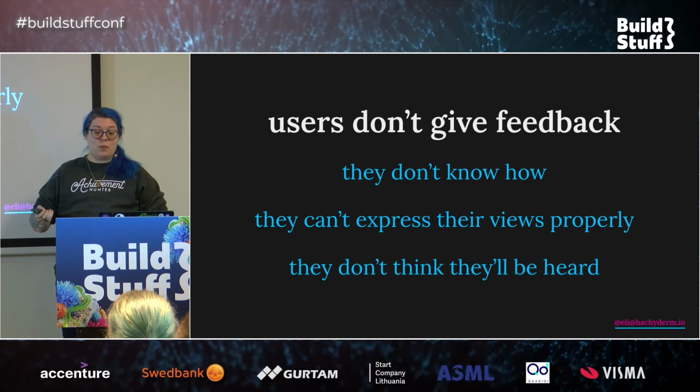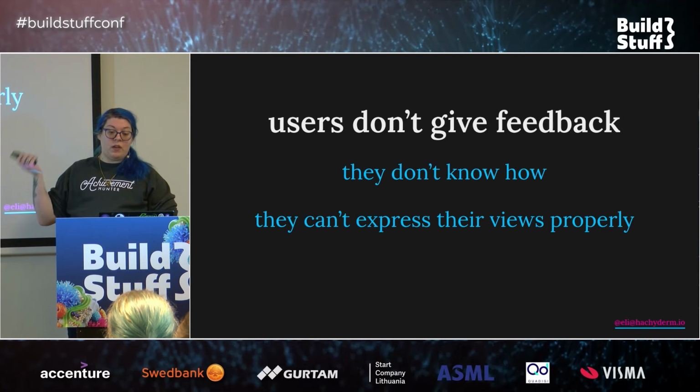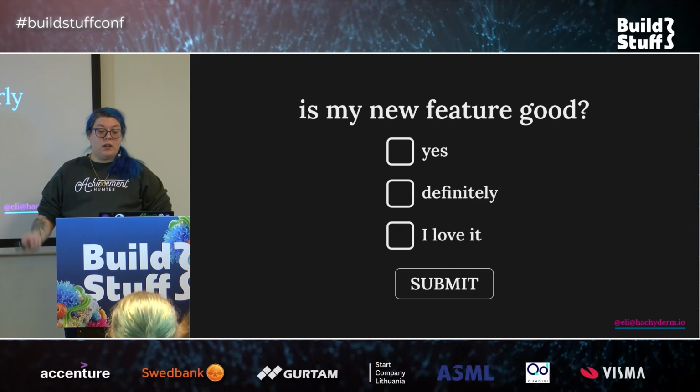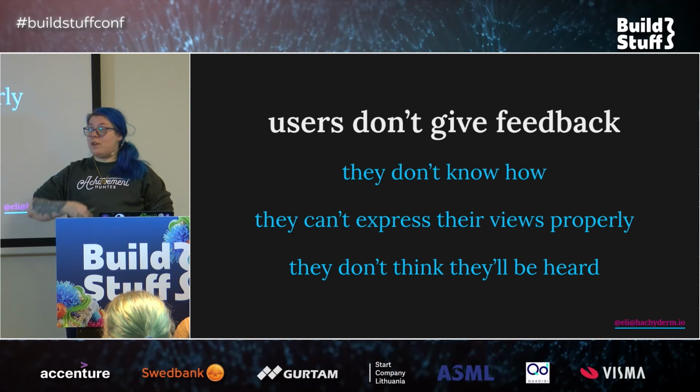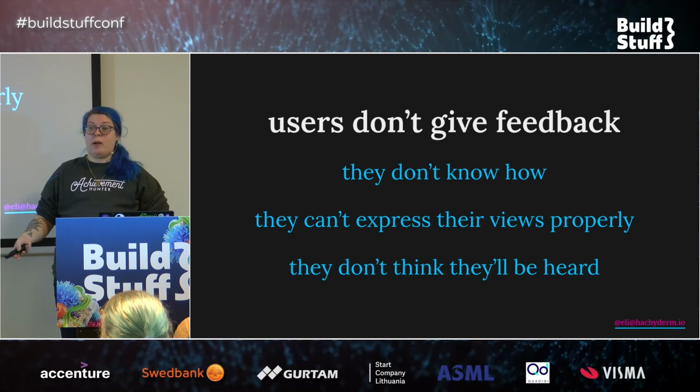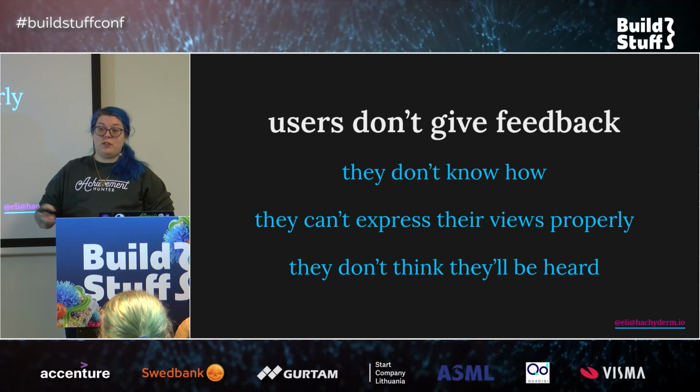If they can't express what they think, then they won't be able to give you the feedback that they want, and they won't give you any. If they don't think they'll be heard, so even if you've done everything up to this point right, there's still a chance that your users don't trust that you care about their opinion. And this is a really hard problem to fix because public betas run on user trust. Public betas can also be used to build user trust.